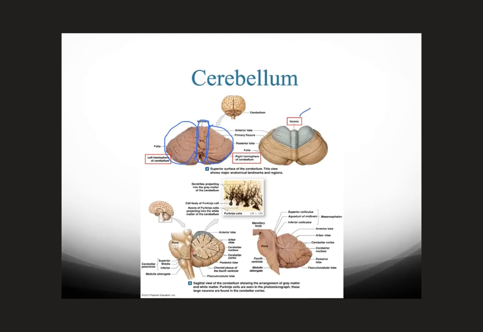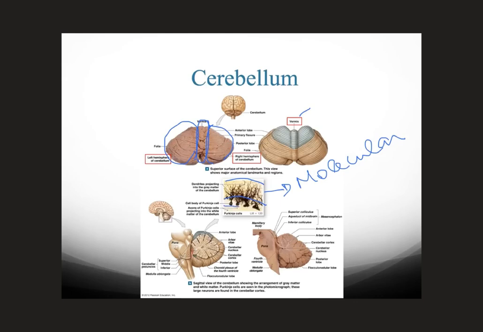Okay, now I want you to pay close attention to the histology of the cerebellum. Basically, we have three main cell types, or three main layers of the cerebellum. So if you look over here, the outer layer, which goes all the way to here, is what we call the molecular layer.